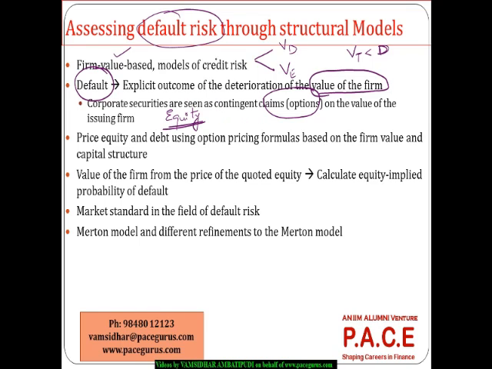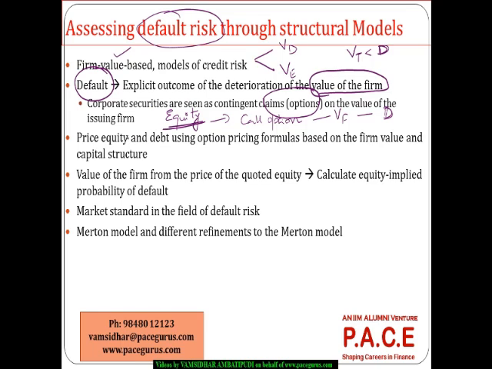So we'll see why we give that kind of a definition to equity. We say that equity is a call option on the value of the firm with a strike price equivalent to the debt that the company has issued. So we'll try to come out with that kind of a definition slightly later. But let's try to understand.